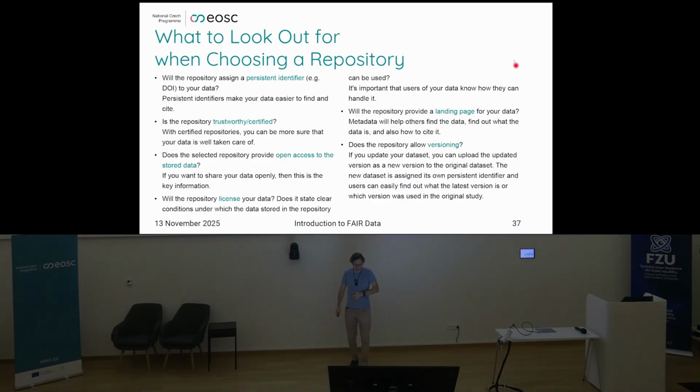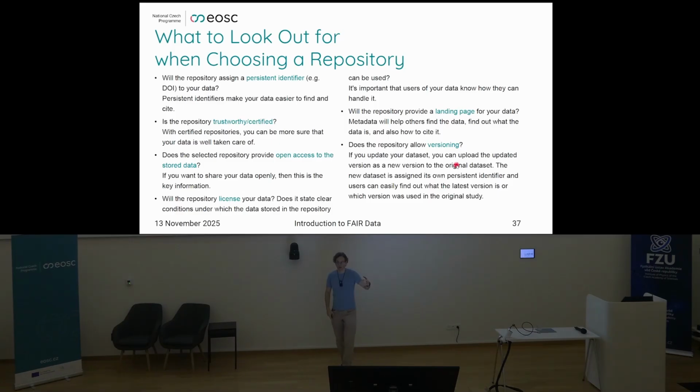A good repository should provide a so-called landing page with elementary metadata that will be presented to the user, so he can get the basic information about the object prior to downloading the object itself. And a good repository will also support versioning.